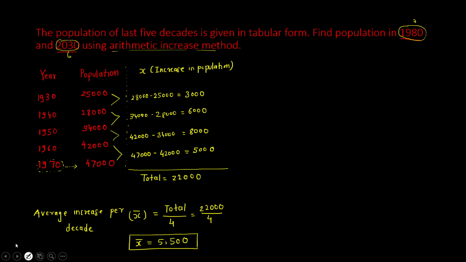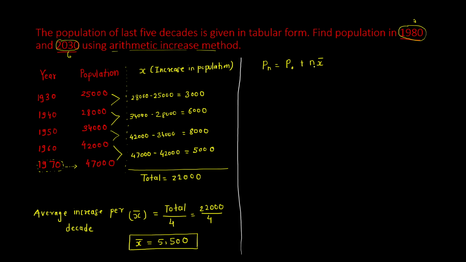Now from here it is very easy to find the population in any year. So our main formula will be Pn is equal to P naught plus n into x bar.